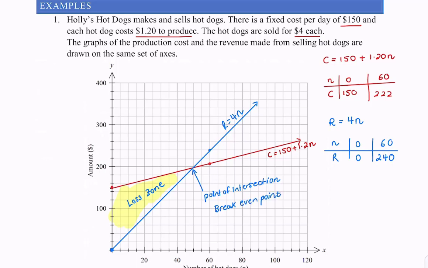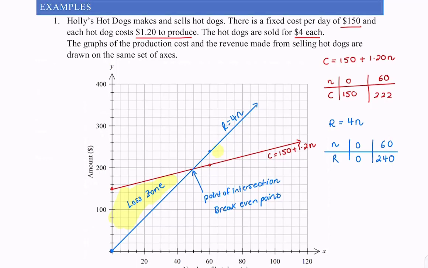That's the point where I sell the right amount of hot dogs, I don't make a profit, and I also don't make a loss. And this area up here must be what I call the profit zone. This is the area where I start to make money. So that is what this whole graph is showing me.